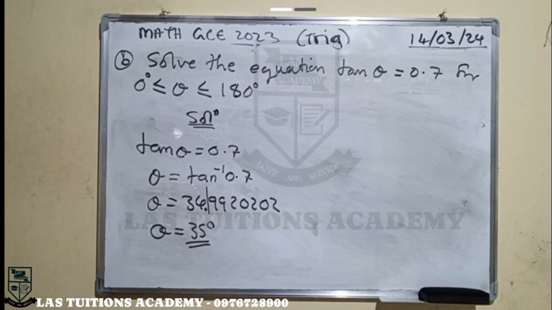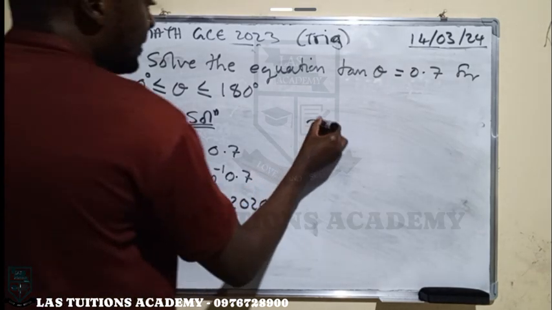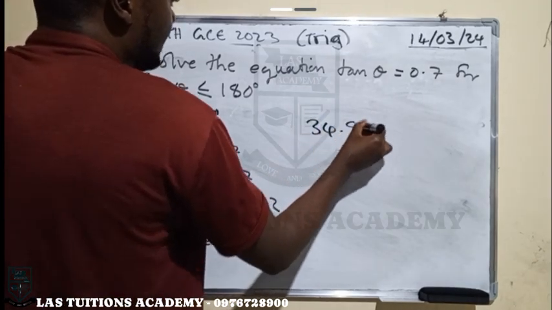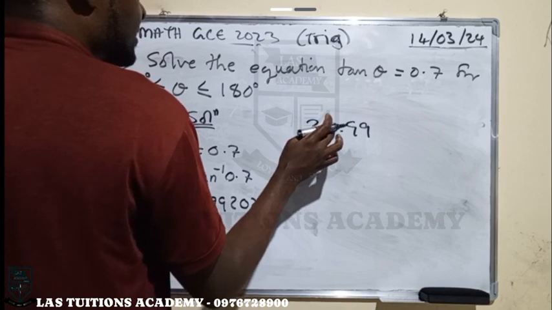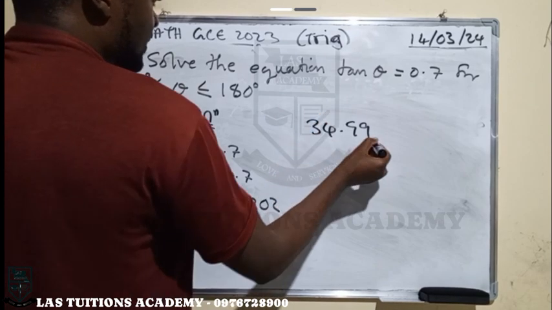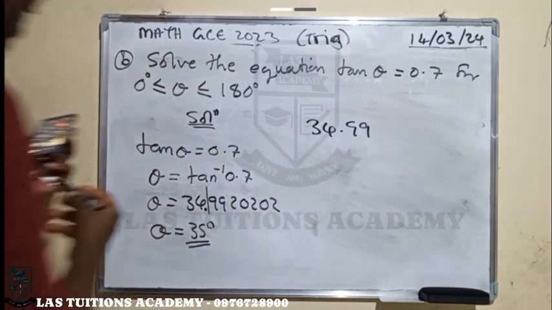Sir, what if we put 34.99? Will it be a mistake? 34.99 is very close to 35, so it's better you just round it up to 35.